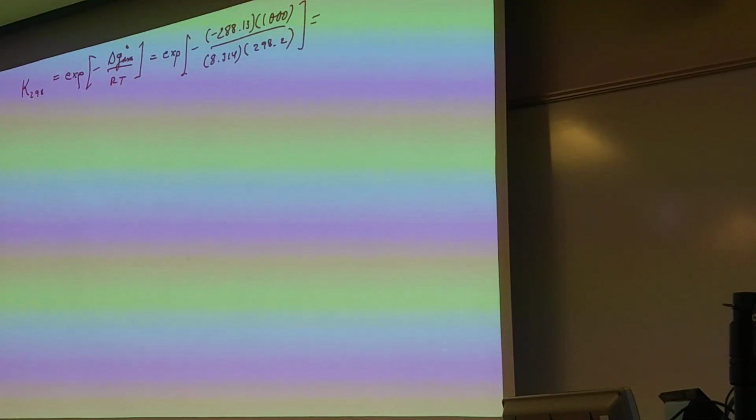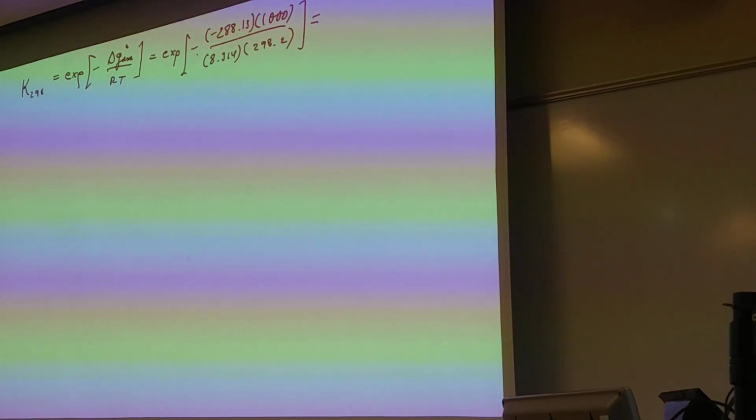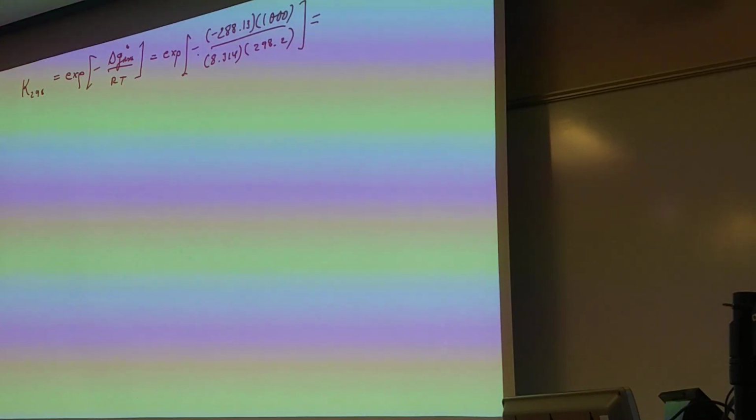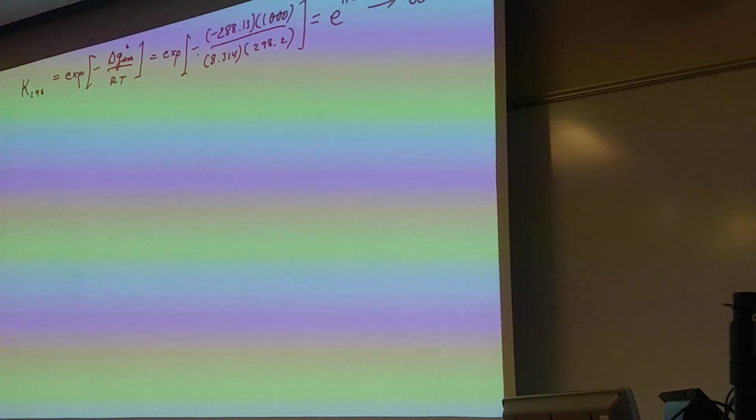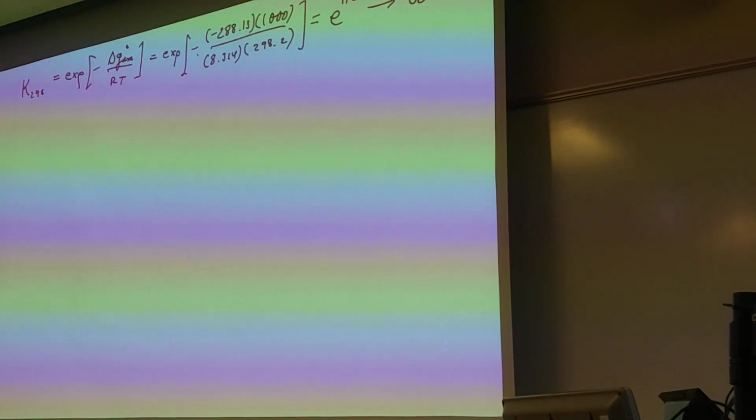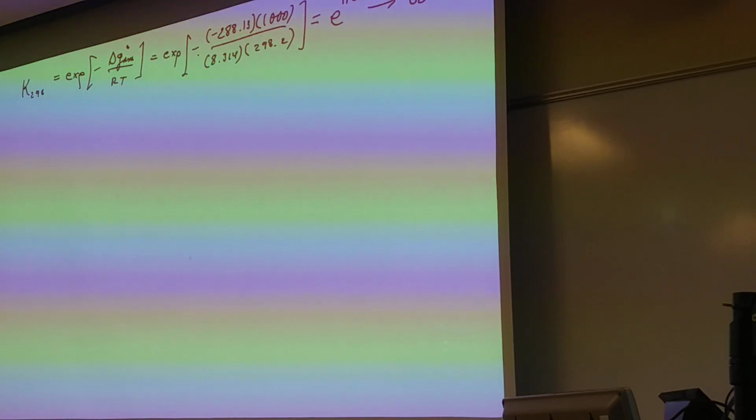And this works out to be, here I got a minus and a minus, so that's an exponential of a rather enormous number, which is essentially infinity. That reaction, as we say, goes to completion, because the equilibrium constant for it is so enormous. But I used that as an example since I had the data so handy in that table.